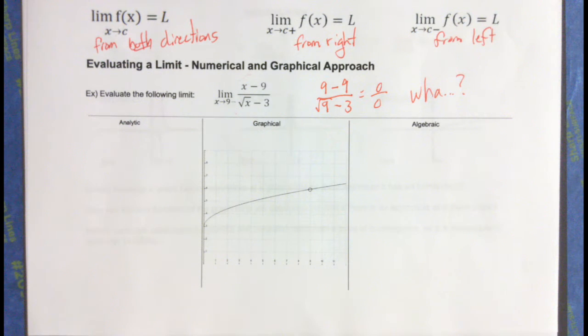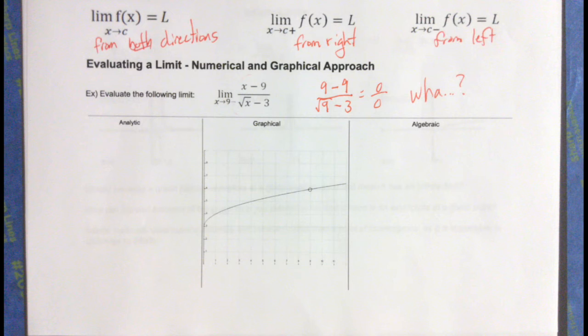Well, actually, what is that? Is it 6? If that right there is 6, then the limit as x approaches 9 from the left is equal to 6.